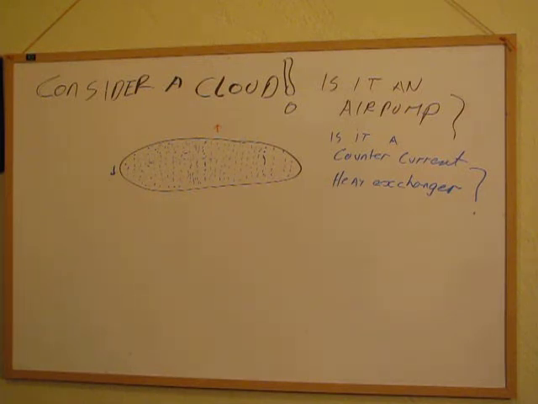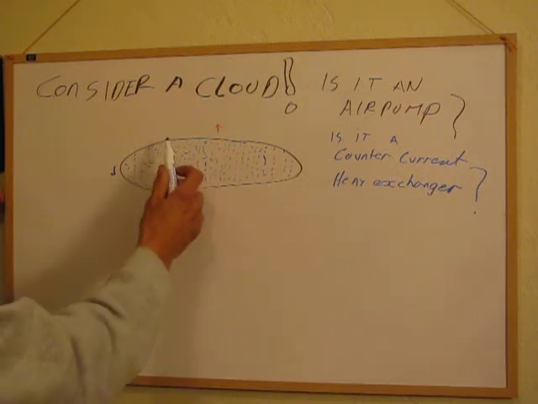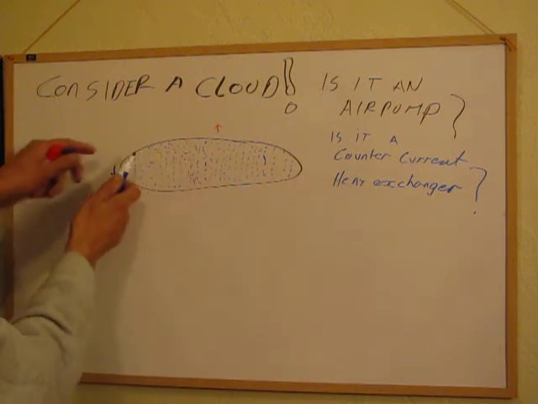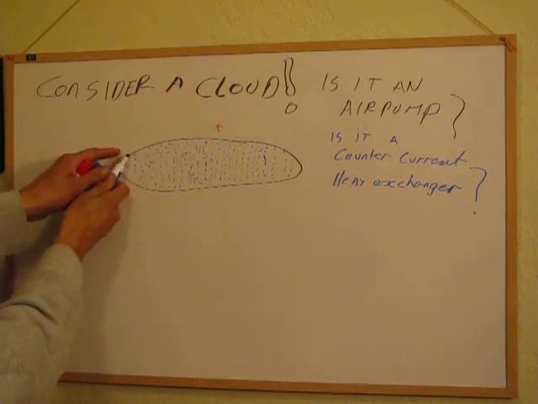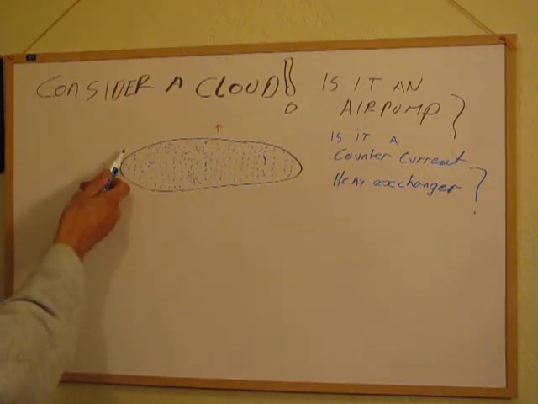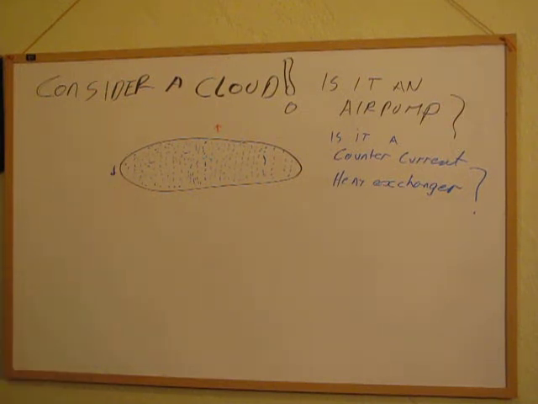And there's always been an issue about whether clouds expand by getting bigger, or expand on the edges by a kind of contraction that's happening as water vapor turns into droplets. So anyway, I'm going to try and explain how a cloud could be an air pump and a countercurrent heat exchanger.